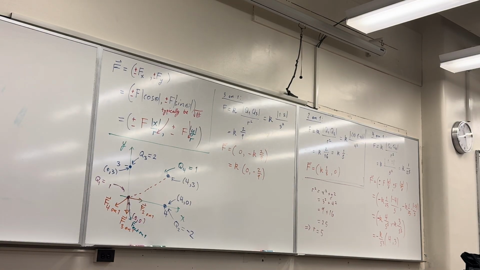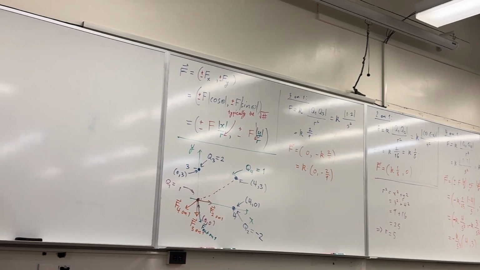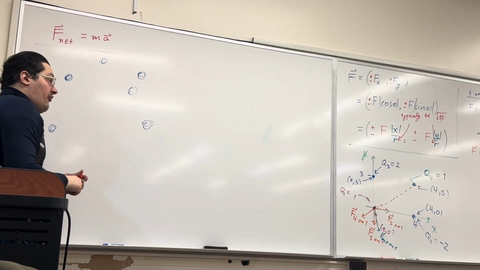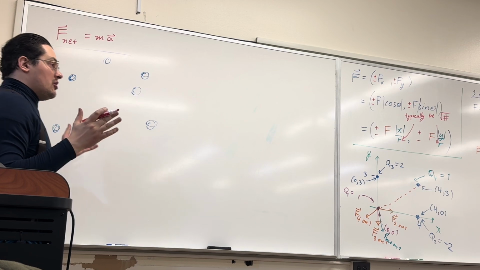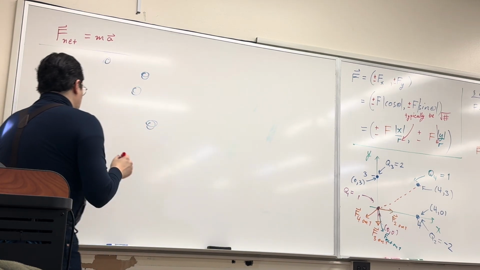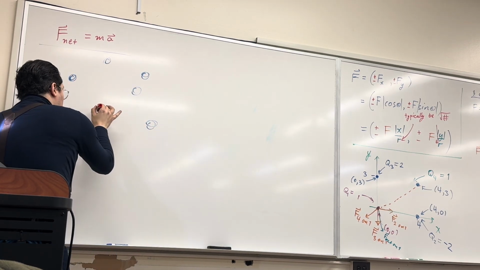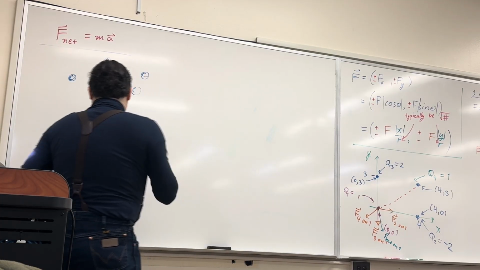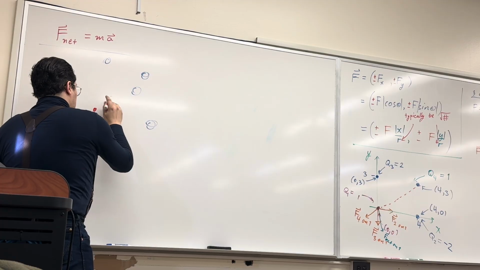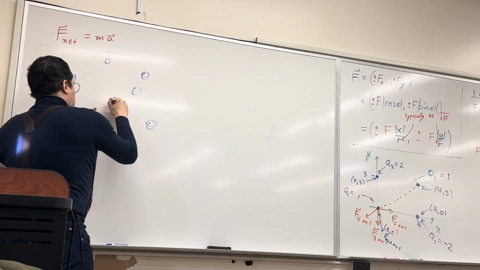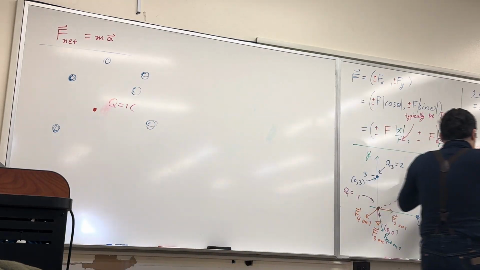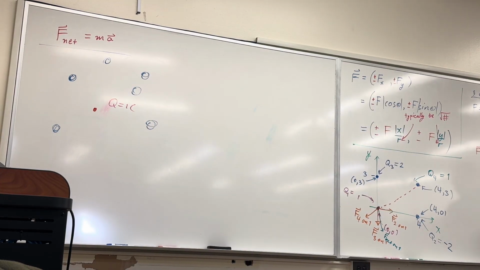So what am I talking about? I'm saying, let's say I have a bunch of fixed charges all over the place. Some are positive, some are negative, and they're fixed. They're held in place, like in charged up capacitor plates or what have you. And then I take a little tiny particle and I put it right here. If I put a little tiny particle there of, let's just say, 1 coulomb, it will experience some net force.